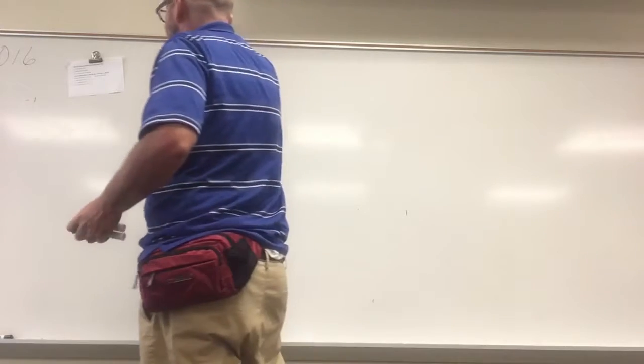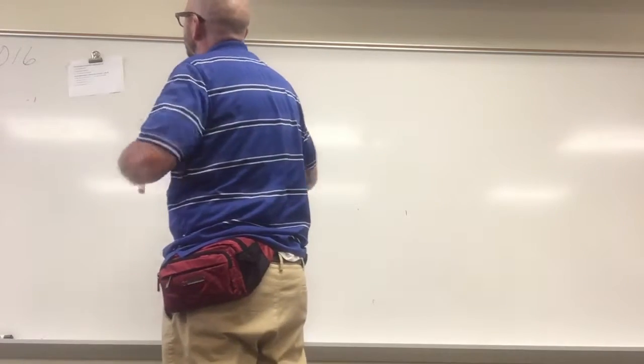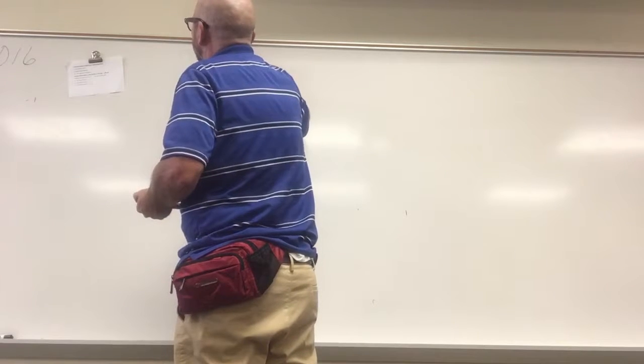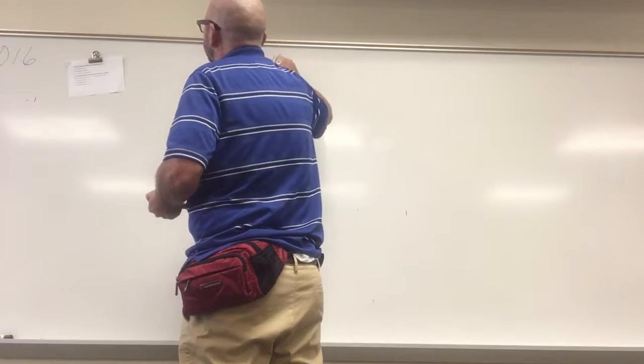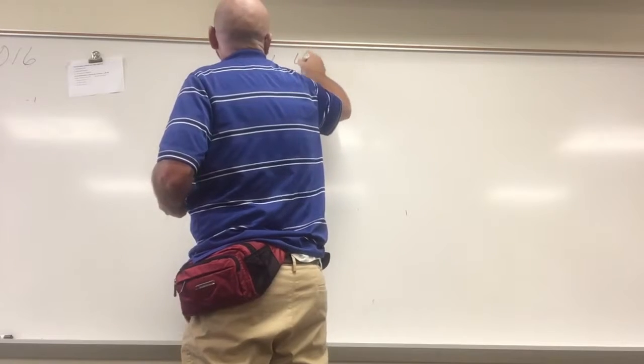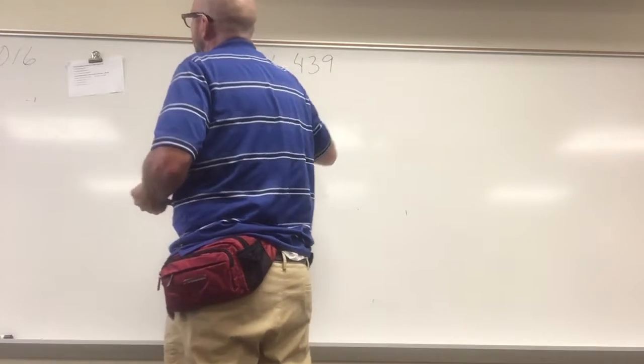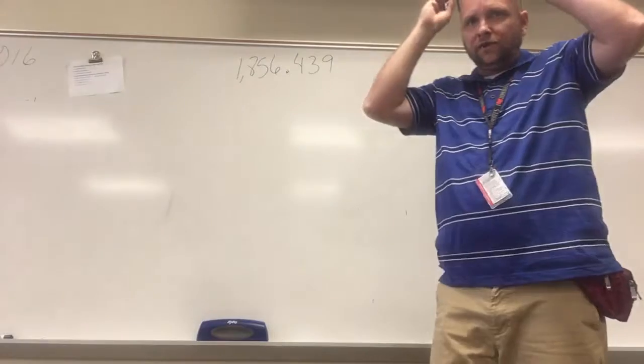Alright, the second one says, use the following numbers to show the value of each digit. We have 1, 8, 5, 6, 0.4, 3, 9. And we want to know the value of each digit.